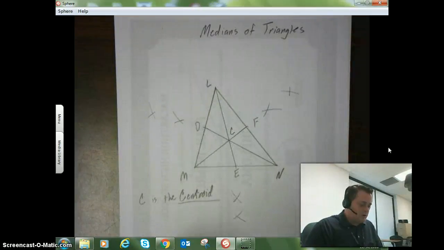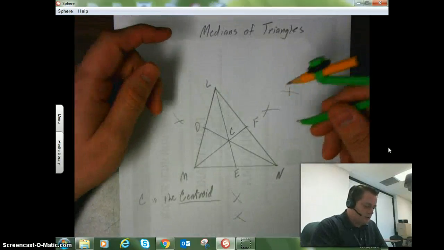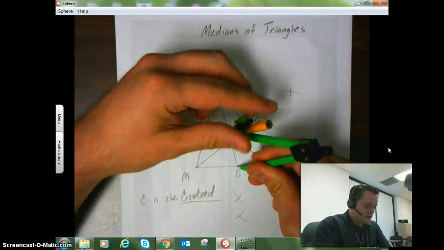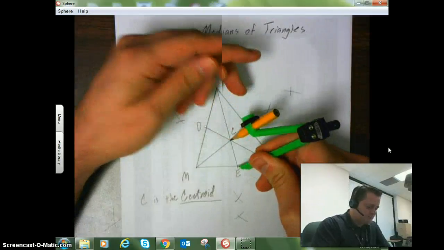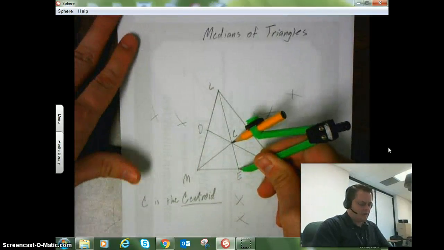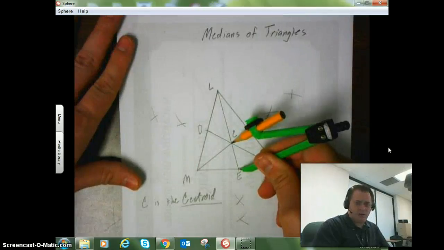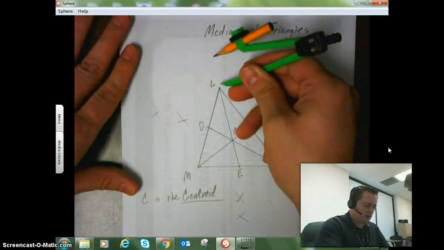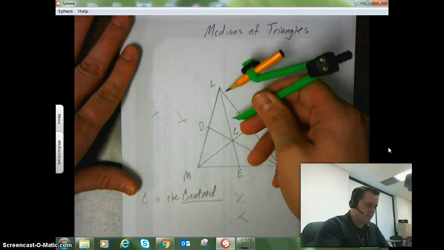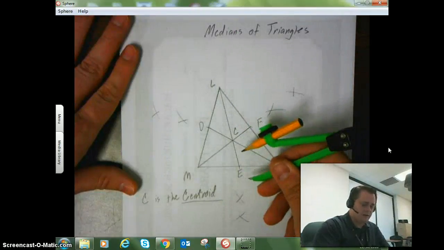Now, there are some very specific characteristics that I want you to see. Looking here, I'm looking at segment CE, which is the small portion of the median, because you can see the median, LE, has been broken up into two separate segments. I have part LC and I have part CE.